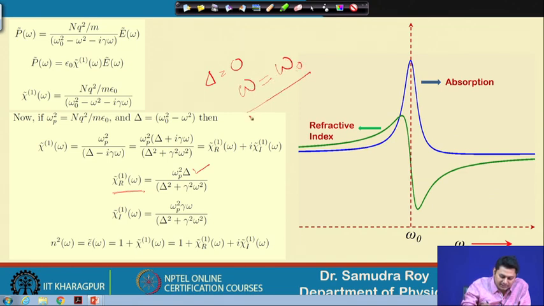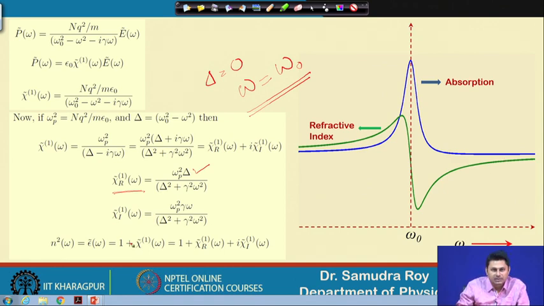That means, exactly at the resonance point, I will have a 0 value of chi R. If I plot these two functions, we get something like this. This is the frequency on the x axis, and on the y axis I plot the real and imaginary parts of the susceptibility. This blue curve basically gives you absorption, and it comes from the imaginary part of the susceptibility.